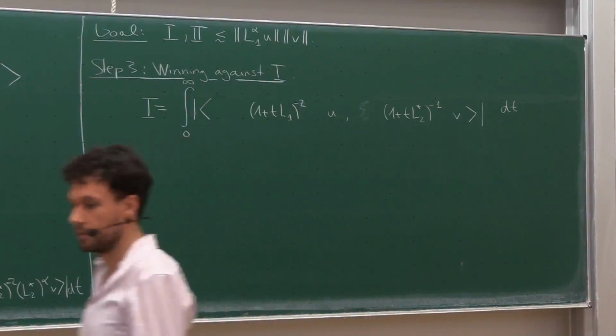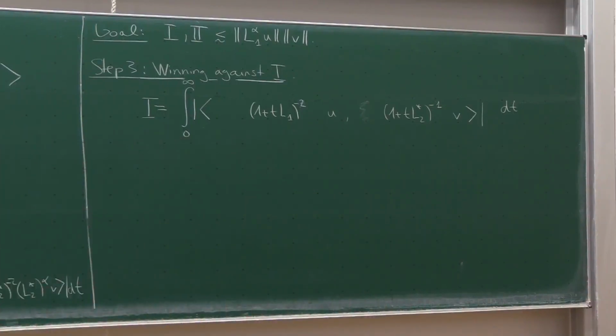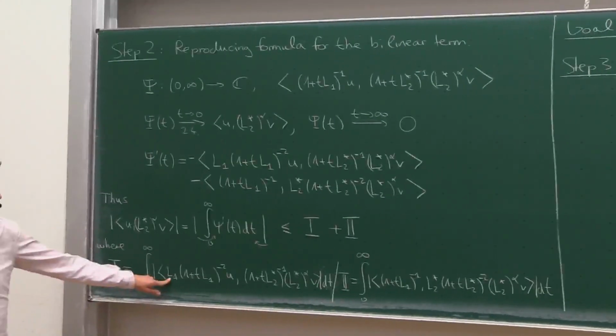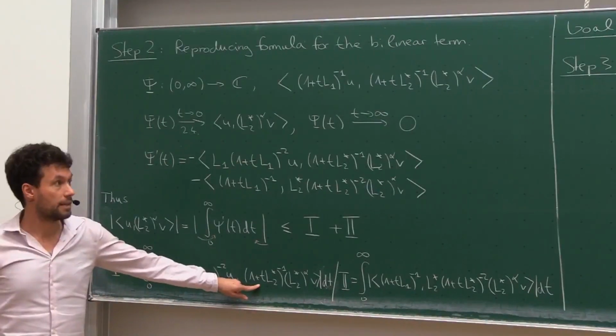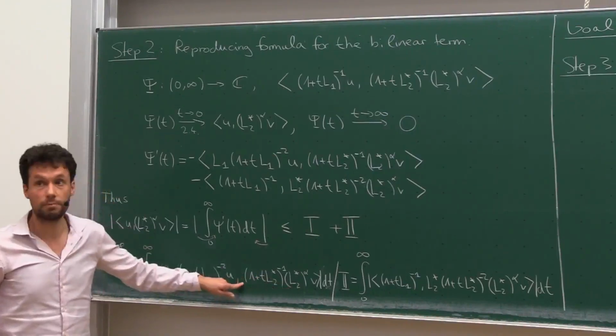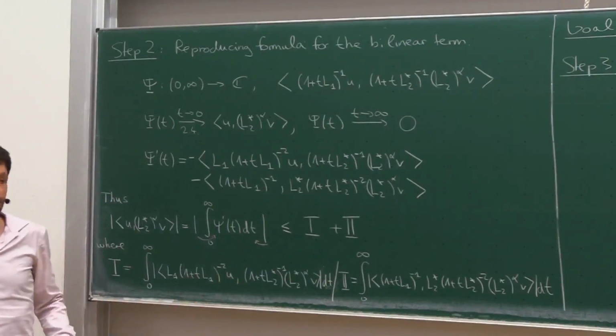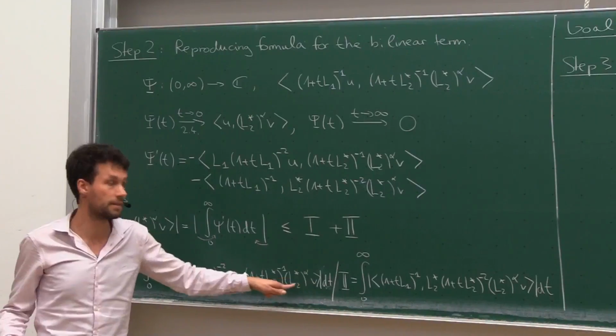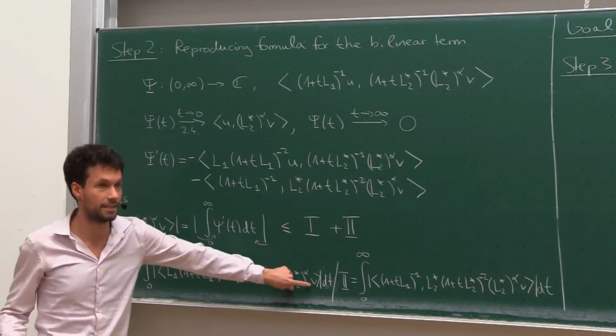Okay, now I'm going to play around a little with how I write the term that you still see here. On the right-hand side, I do something rather easy. I just switch this fractional power over here, which is okay by functional calculus rules because v is in the domain of that operator. So that's actually the harder term to write.